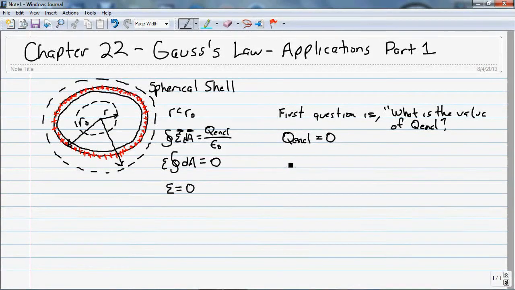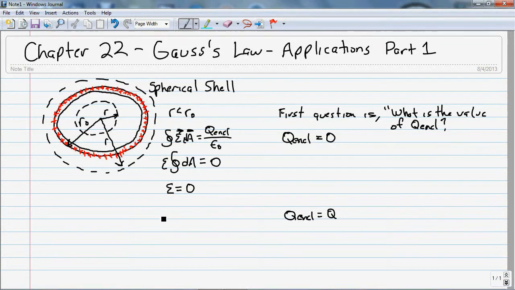So our q enclosed, in this case, is just equal to q, because that's the total charge on the outside of that shell, and the Gaussian shell is this dotted line that goes to the outside, and it encloses all of that charge q.